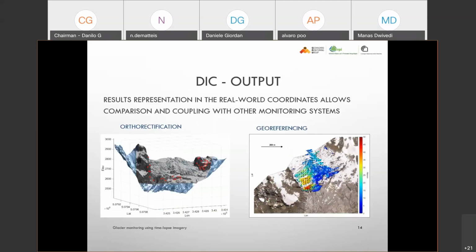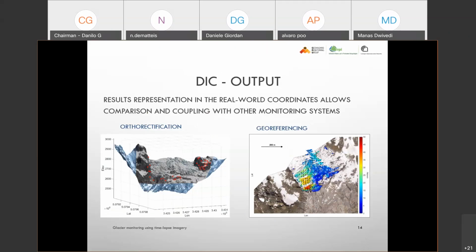Then, in many situations, it is important to have the result represented in real-world coordinates, and therefore the data must be georeferenced.